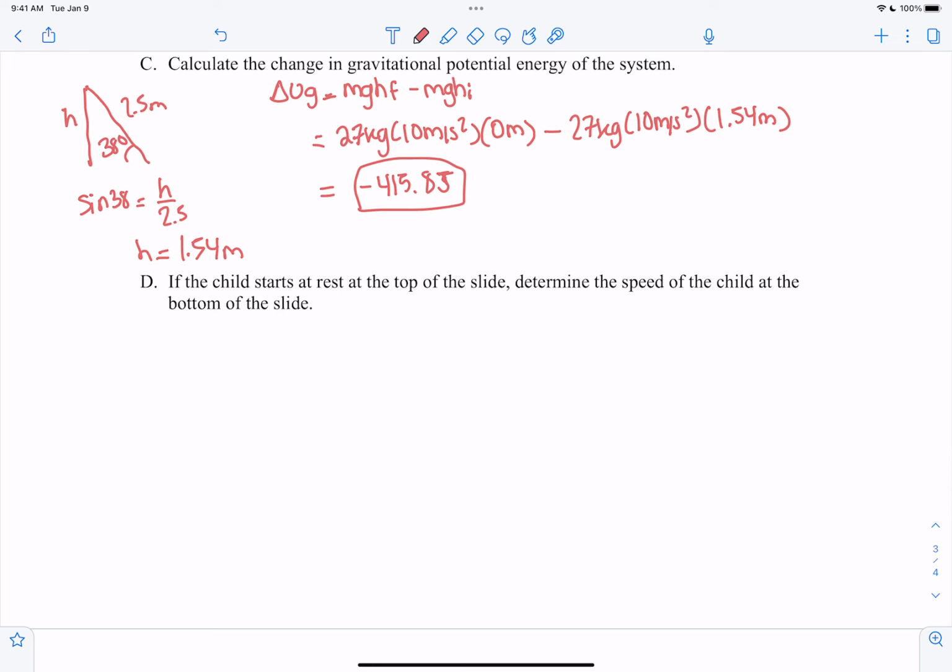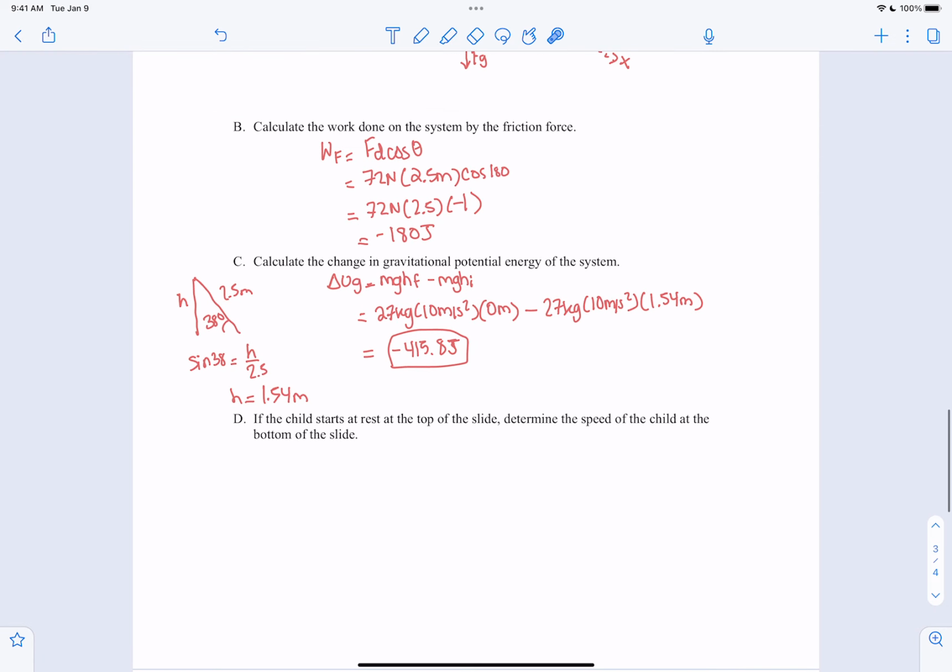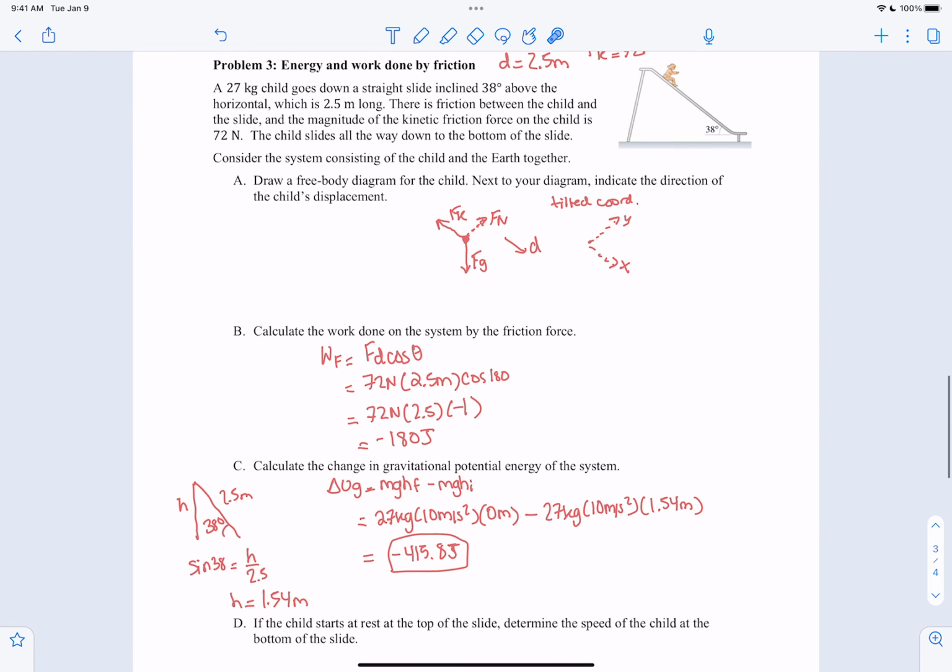Now part D is saying if the child starts at rest at the top of the slide, determine the speed of the child at the bottom of the slide. Now, the thing is here, we have work done on the system by the friction force, right?